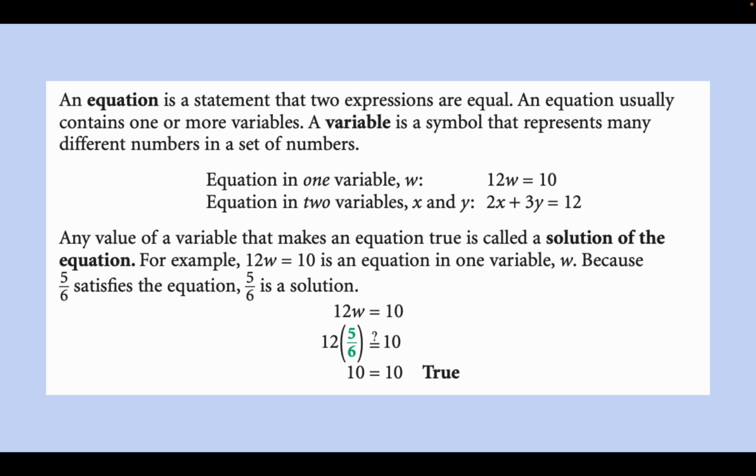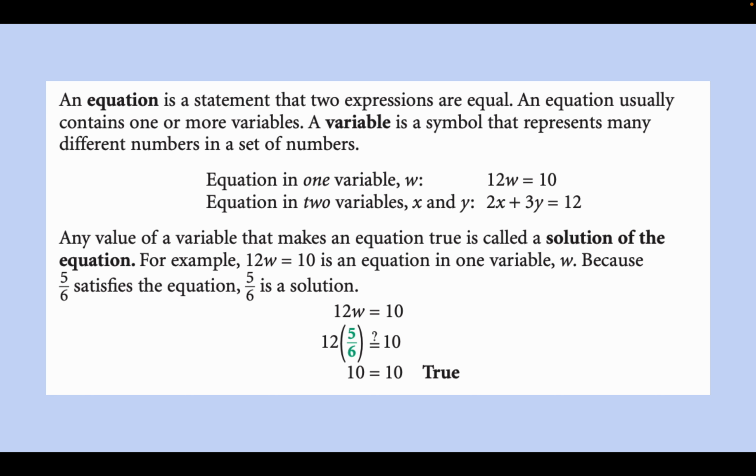For example, the textbook gives an equation in one variable w: 12w equals 10. There is an equal symbol there, so two expressions are equal, which means it is an equation, and the variable here is w. For w, we can input 1 or 2 or 3 and so on.